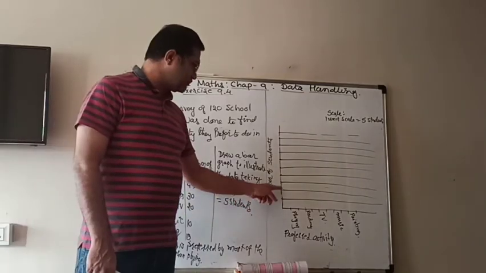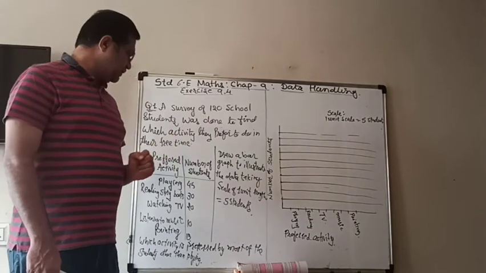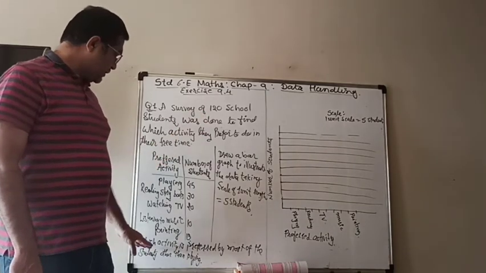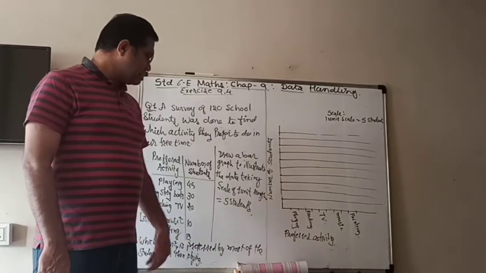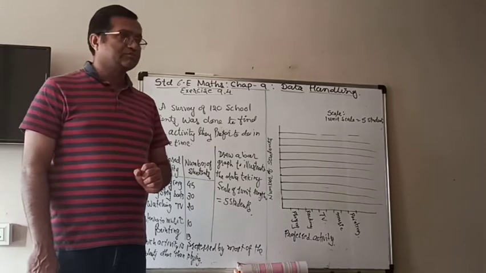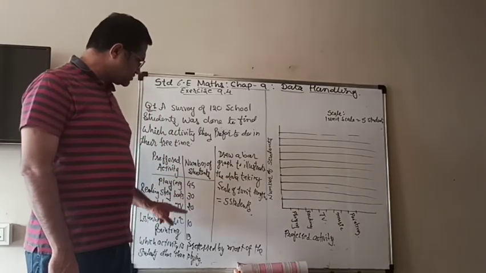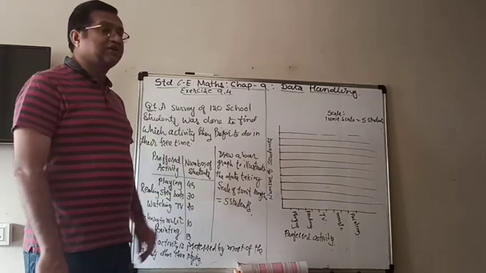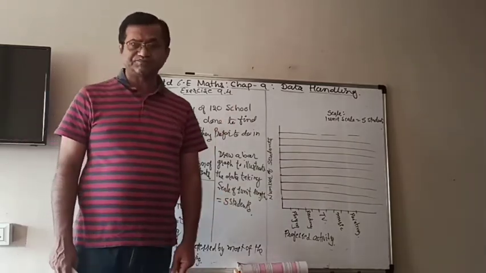Means here we have to take 5, 10, 15, 20 and so on. And then we have to give the answer of the question, which activity is preferred by most of the students other than playing. Actually you can give the answer from here also. Playing is 45, next is 30. So that is the reading storybook, but we will write down that answer at the last.